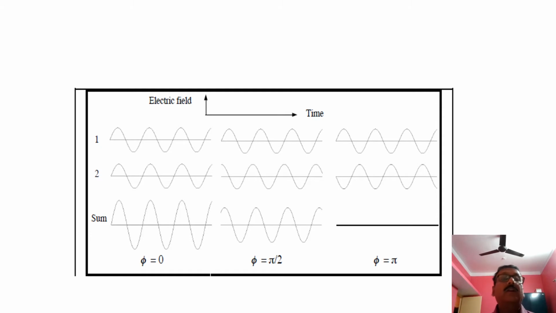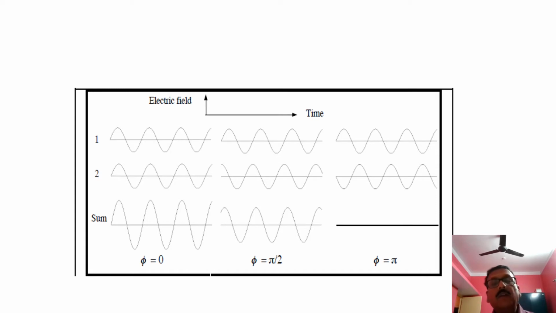Here is the graphical representation of the interference. In the leftmost figure, two waves are shown in the same phase. That means the phase difference between them is 0. The resultant wave has greater amplitude.